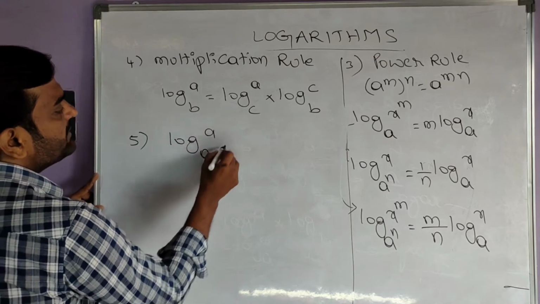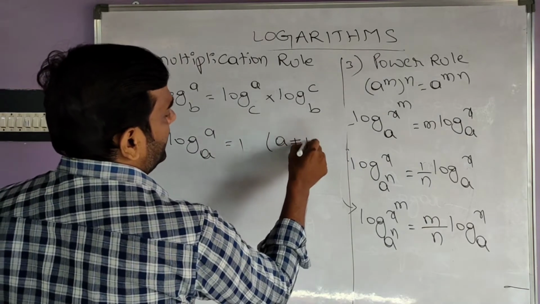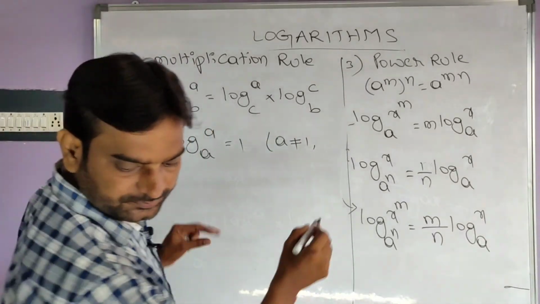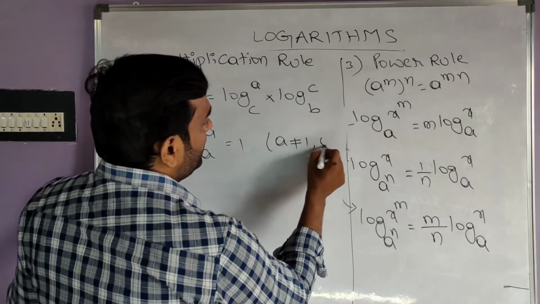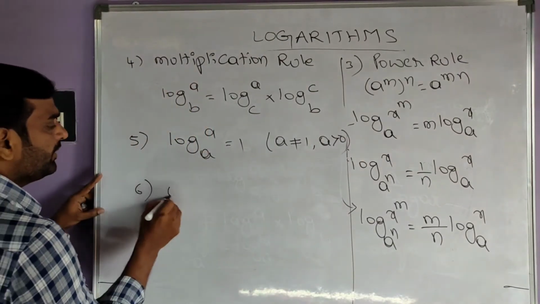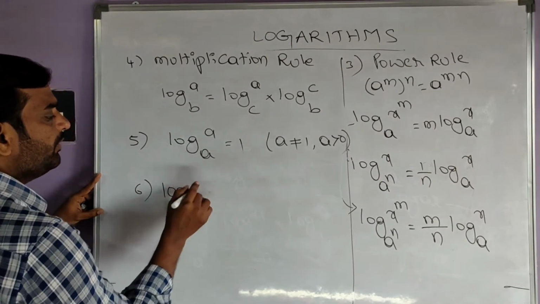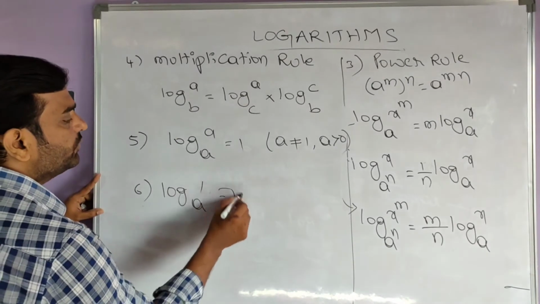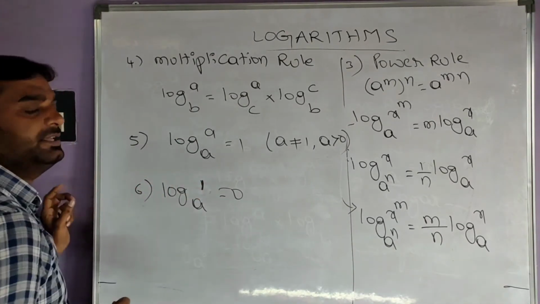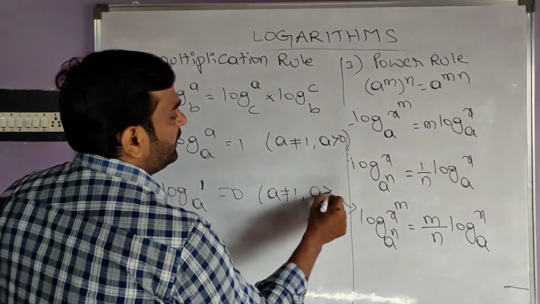And log a to the base a equal to 1, where a is not equal to 1 and a greater than 0. And log 1 to the base a equal to 0, where a is not equal to 1, a greater than 0.